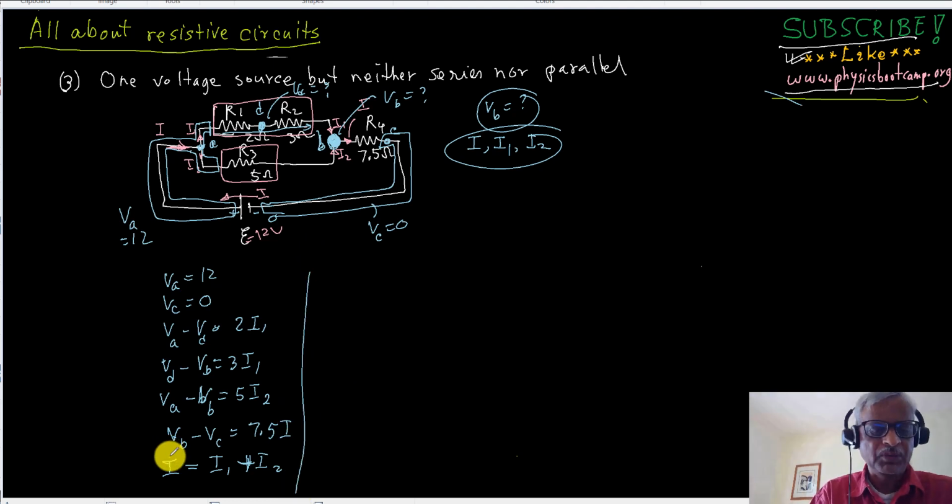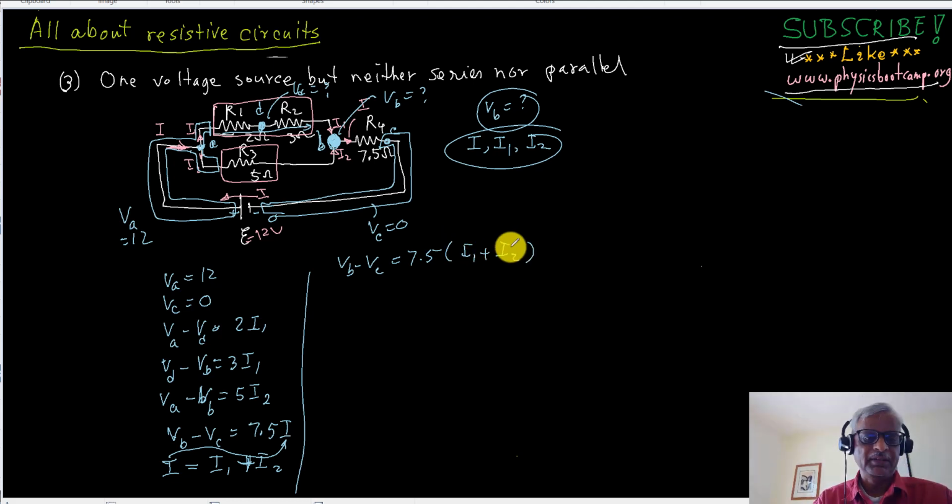So you can put this over there, and then you can get VB minus VC equals 7.5 times I1 plus I2. Now you can say I'm going to get rid of all the I2s. VC is 0, so just get rid of that.